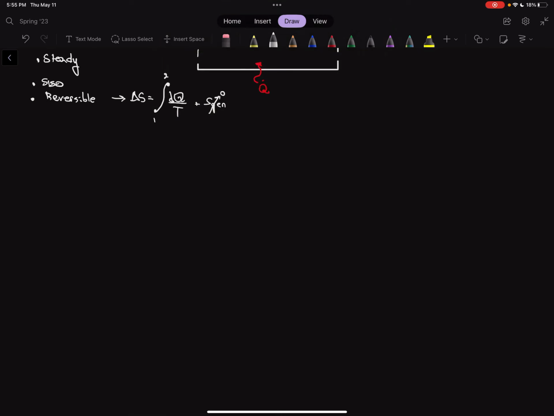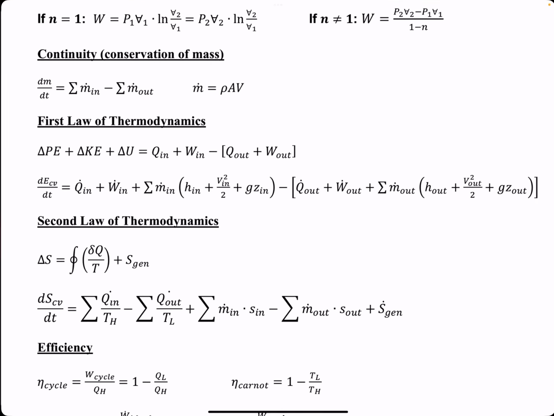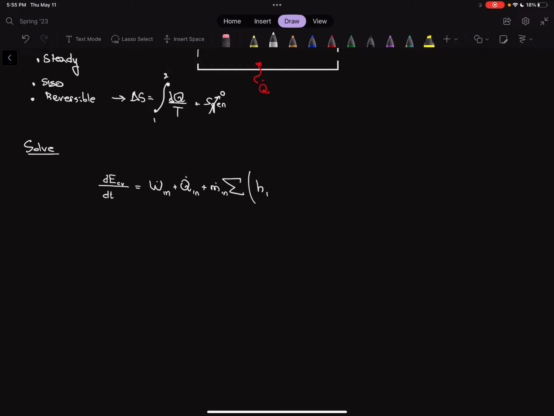So if I remember it correctly, it's going to be dE/dt equal to the work dot in plus the Q dot in plus the m dot in times the summation of static enthalpy, which I don't remember how it's written, just h in, plus V squared in over 2 plus g z in.